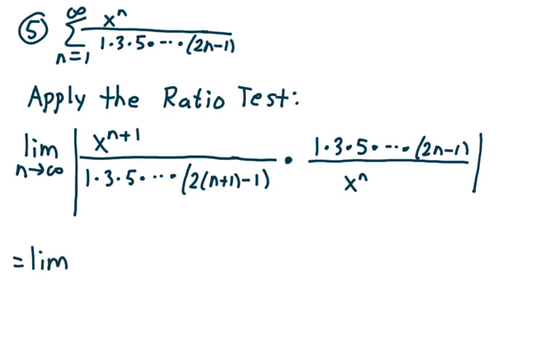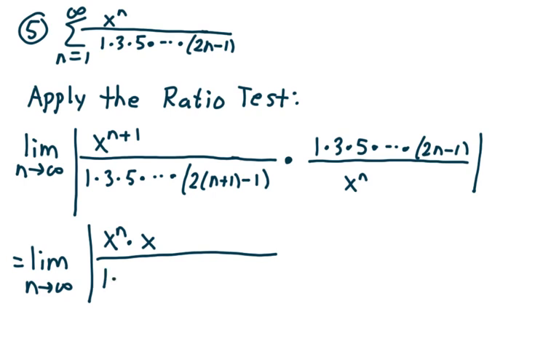And so this is the limit as n goes to infinity of, in absolute value, x to the n times x divided by 1 times 3 times 5 all the way through until, now if I distribute the 2, I get 2n plus 2 minus 1, which is 2n plus 1.